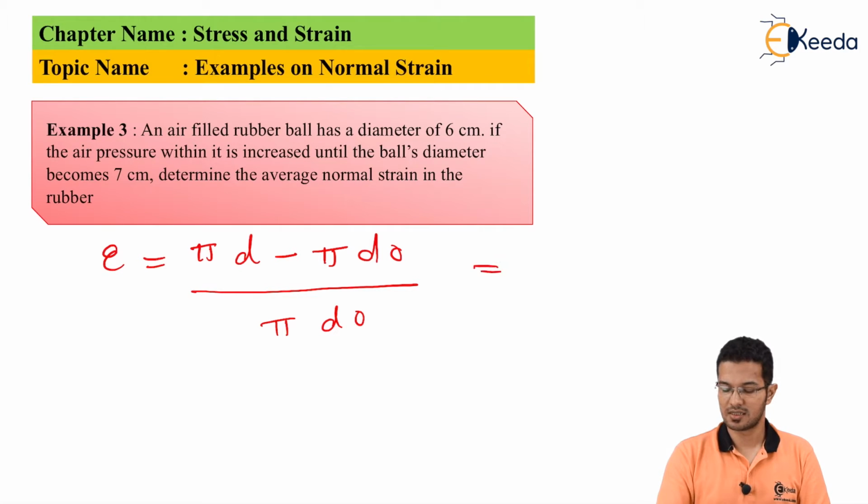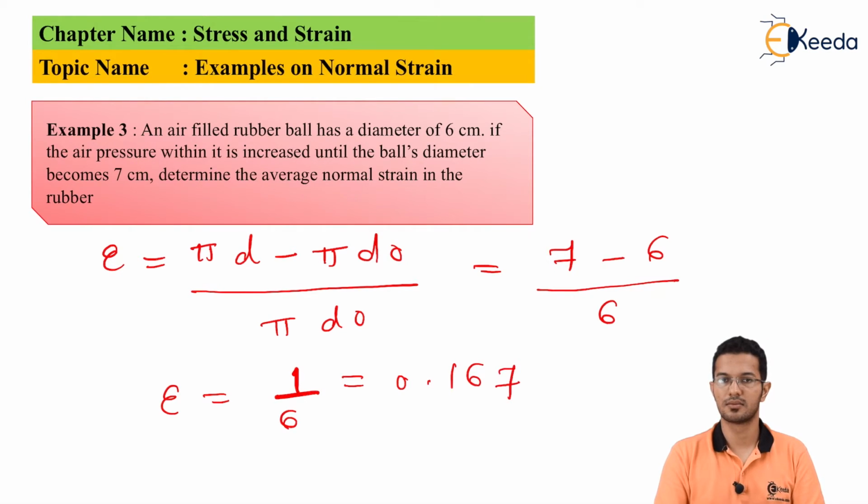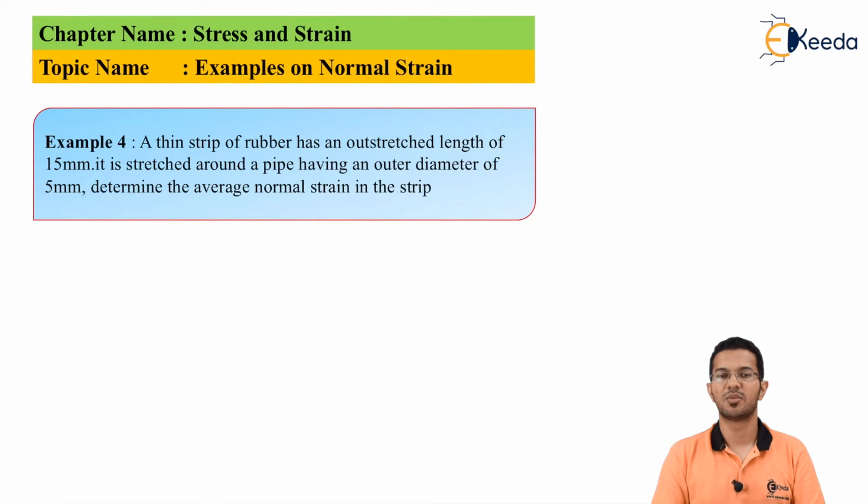We have been given pi D as 7 and pi D0 is equal to 6, the whole upon 6. Hence, we get epsilon as 1 upon 6, which is equal to 0.167.